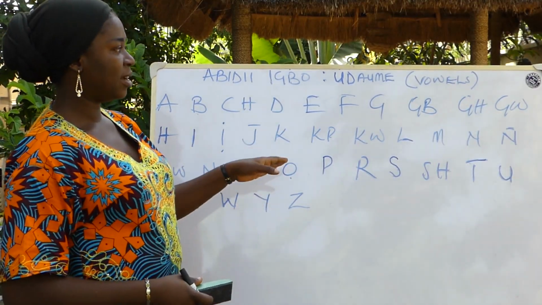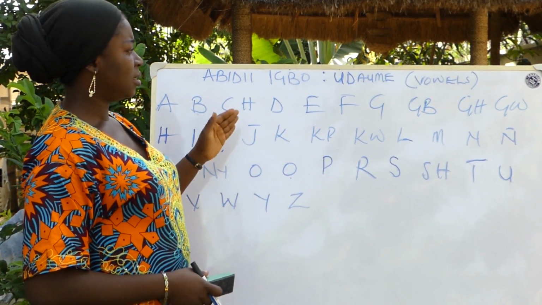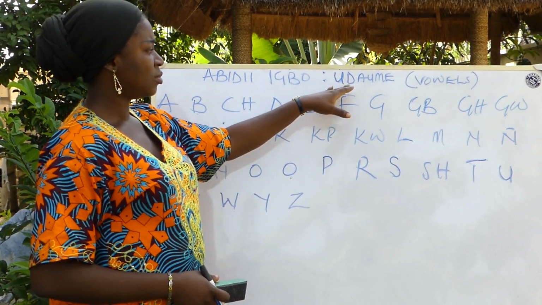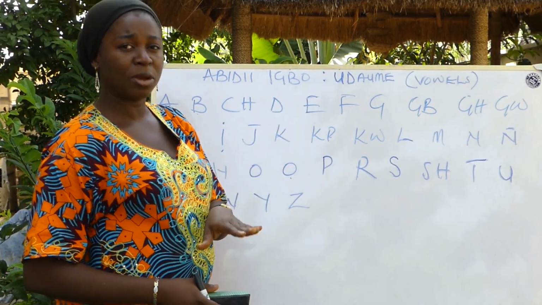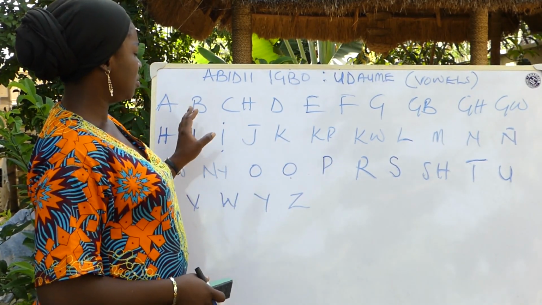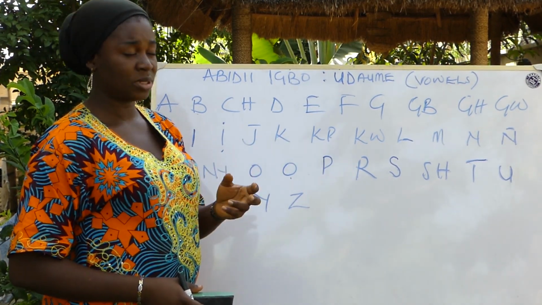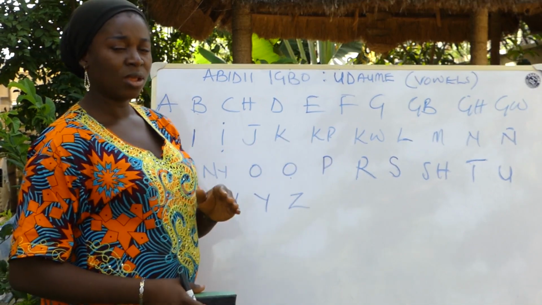Now let's identify the vowels from these alphabets. Remember, the vowels in Igbo is called Udaume. Udaume in Igbo is 8 in numbers, and we are going to identify it from here. The Udaume in Igbo is of 2 forms, the udaaro and udamfe.